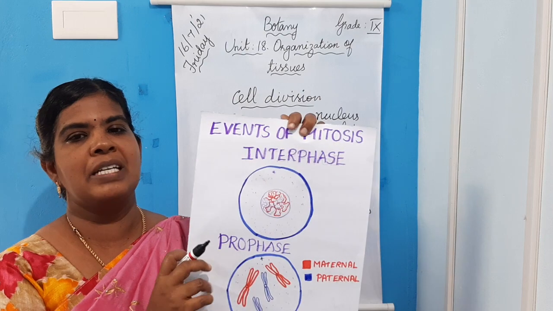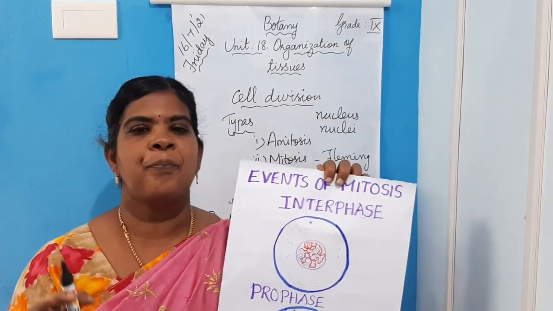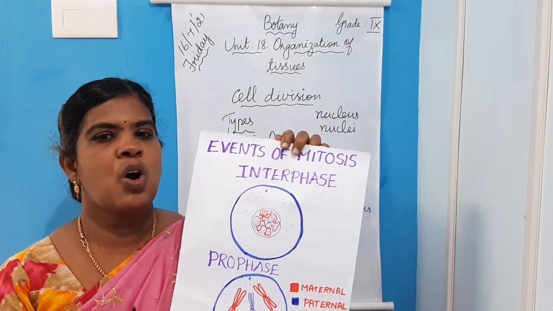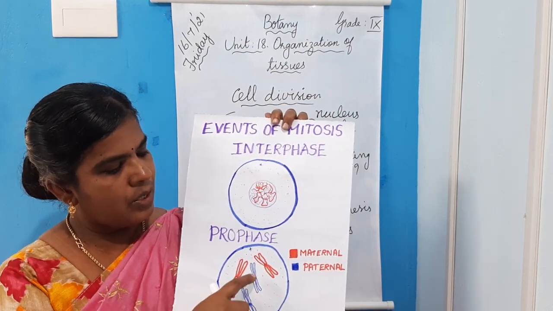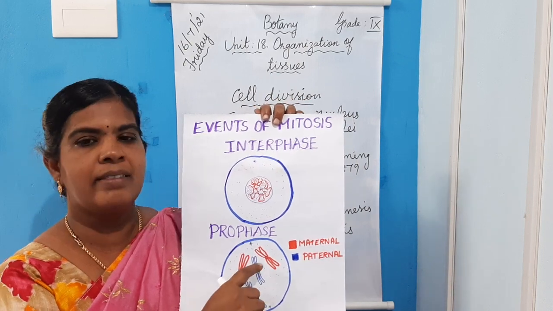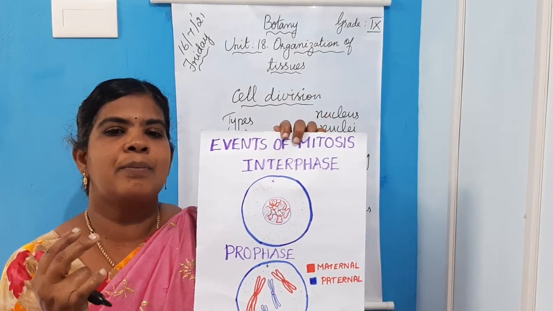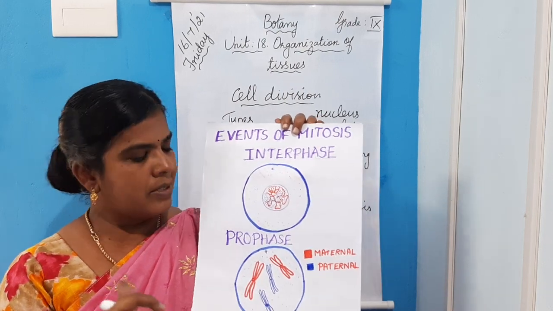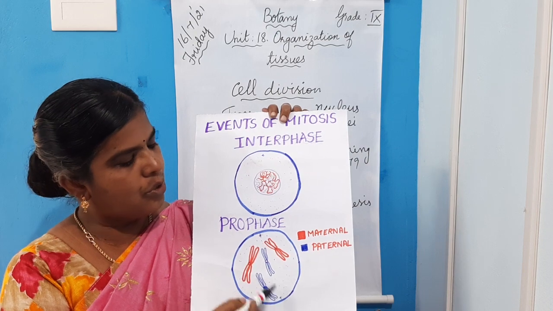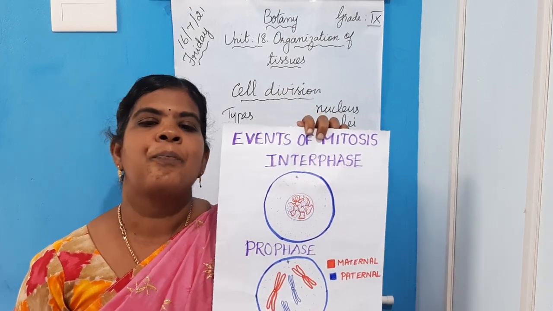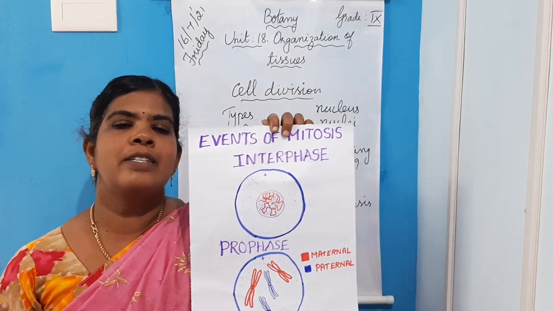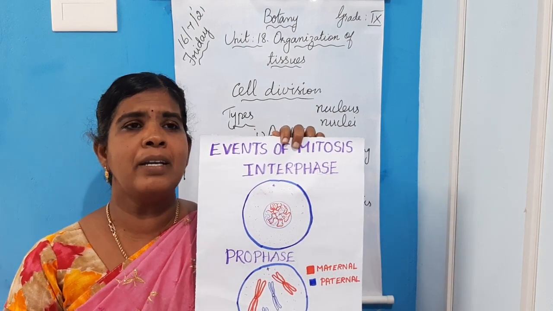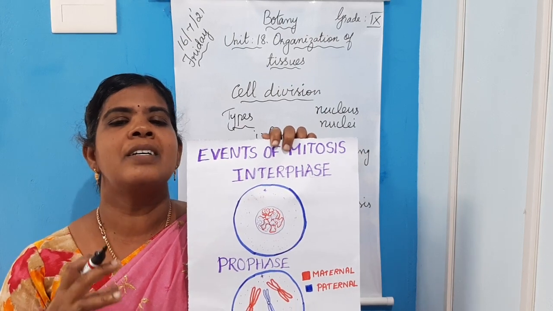What about prophase? Pro means first. During this phase, chromosomes become short and thick, and are clearly visible inside the nucleus. Now the centrosome splits into centrioles and occupies the opposite poles of the cell.